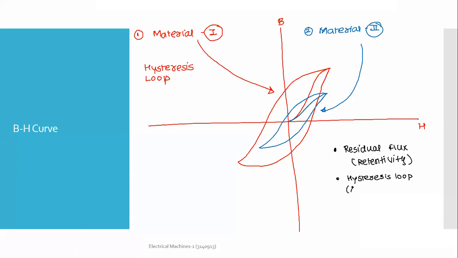It is the area under the curve. And third, the flux density. It is how much flux is set up versus the field strength H for the same current. These are the three points.